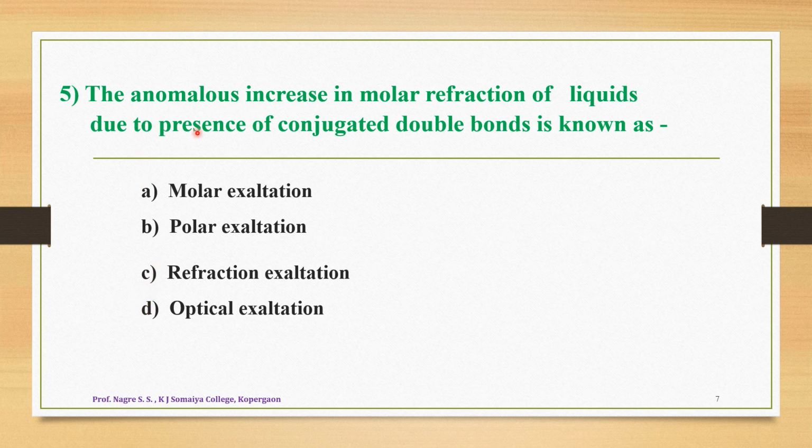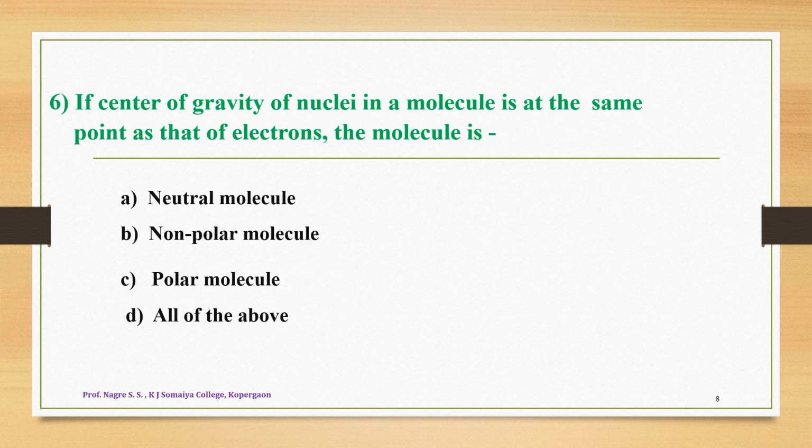So this is one confirmatory test for the particular liquid compounds, in which if there is a presence of conjugated double bonds, an increase in its molar refraction is to be found. So this type of phenomena is called as optical exaltation. So the correct option for this particular question is nothing but the option number D, that is, it is called as the optical excitation. The question number 6 is here.